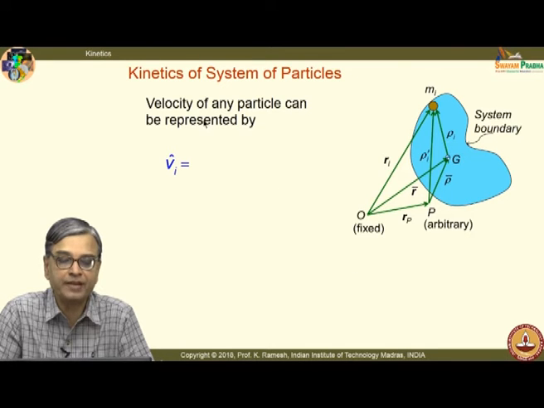So, velocity of any particle can be represented by Vi as the mass point velocity plus rho dot. We are going to take advantage of a system of particles where the mass is not changing.